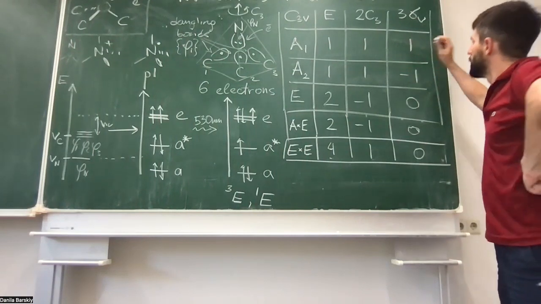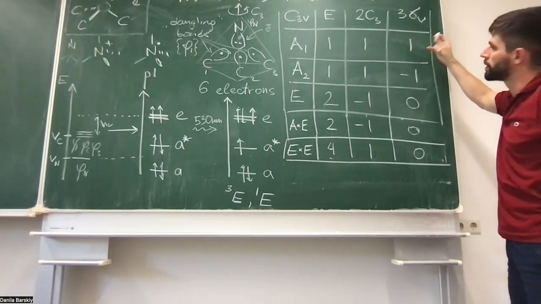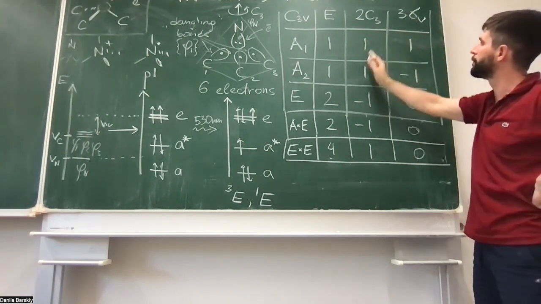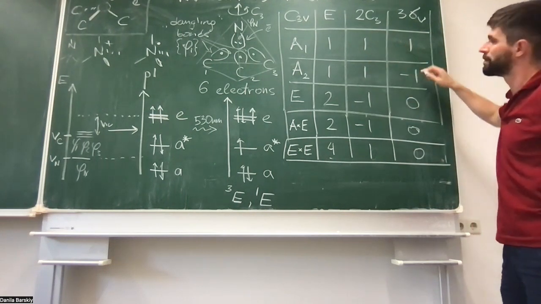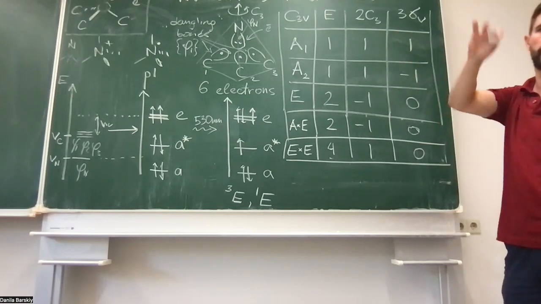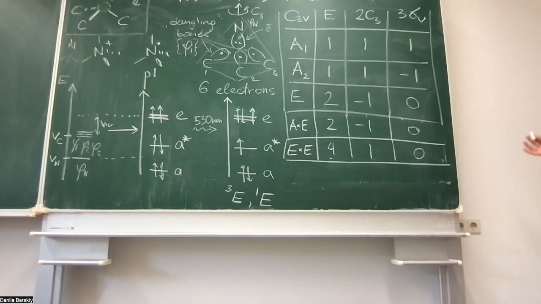I don't really remember what the real rules are, how to distinguish. It's usually determined with respect to the sign plus or minus for the specific operation. So probably for C3, if for C3 it is the same, you cannot call it B, it's A, but probably for sigma v. I never remember the details. You just open the character table and see how they're named, because it's just the convention.